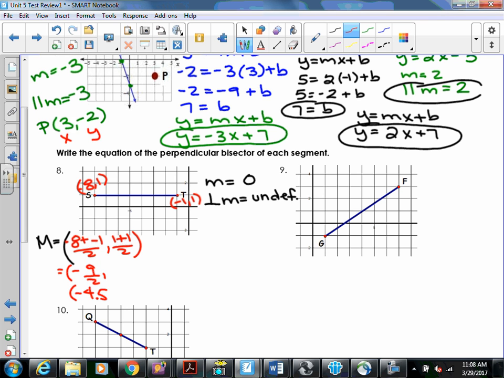All right, then do the same thing for your y's. 1 plus 1 is 2 divided by 2. Okay, 2 divided by 2 becomes your 1. So the coordinate for this midpoint will be at -4.5, 1. So that's right around here.